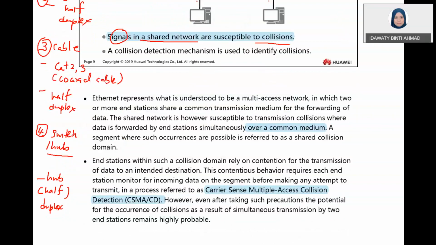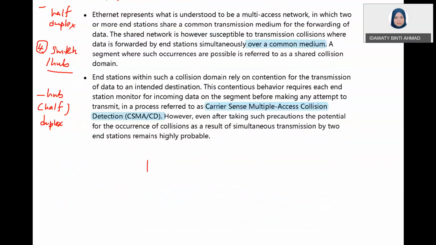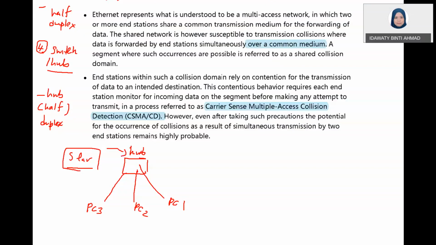Even though you use a star topology, meaning this is PC1, this is PC2, for example, this is PC3, even though this is a star topology, if you use a normal hub, then you can collide because a hub is a layer one device. What does it mean to be a layer one device? It means that whatever PC1 sends will be transmitted to PC2 and PC3.